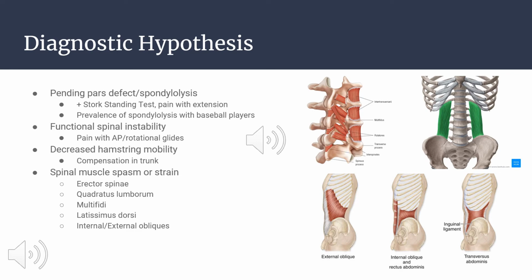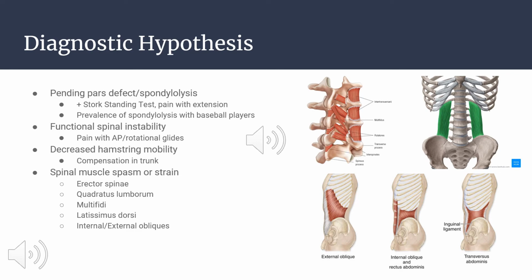He also has probably a spinal muscle strain, considering that position he was in, the shuttle position, when he reached down to the ground in that forward flexion and left rotation. So there probably could be some spinal strain, especially on the right side in those erector spinae, perhaps the quadratus lumborum, the multifidi, which are also involved in rotation, perhaps the latissimus dorsi as it attaches all the way through that mid and low back spine, and also the internal and external obliques as well.